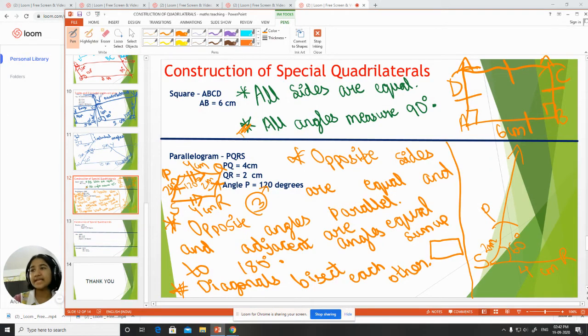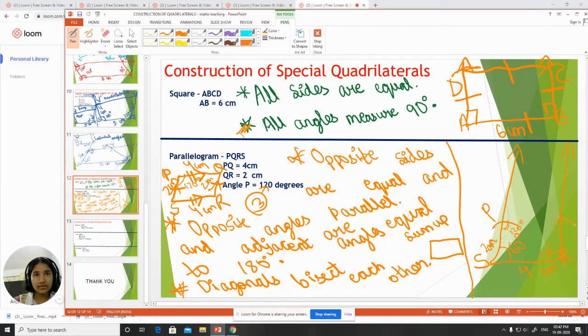Done. Next, R. What is the measure of angle R? R will be 120 degrees because this angle is 120 degrees, so its opposite angle will of course be 120. We will draw a line at 120. R to Q is 2 centimeters, as we saw in our rough figure.